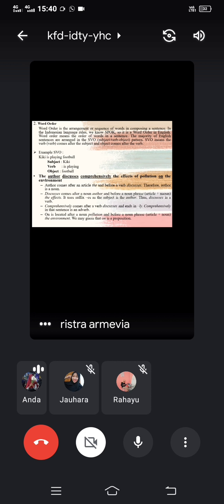The majority of English sentences are arranged in the SVO, or subject verb object, pattern. SVO means the verb comes after the subject and the object comes after the verb.